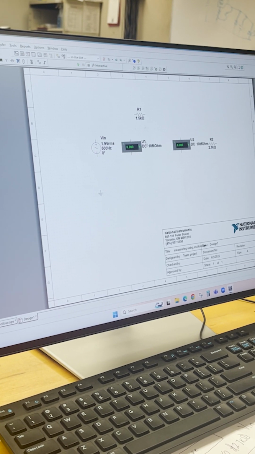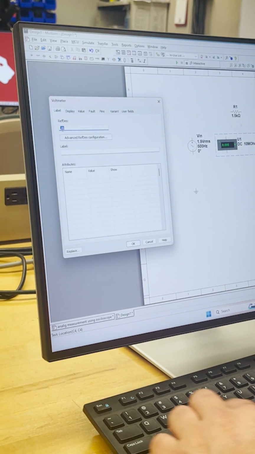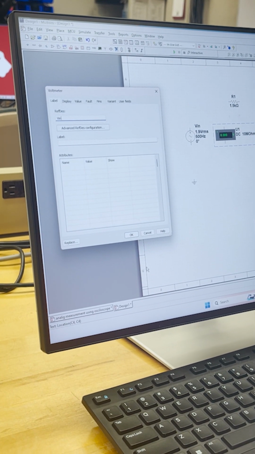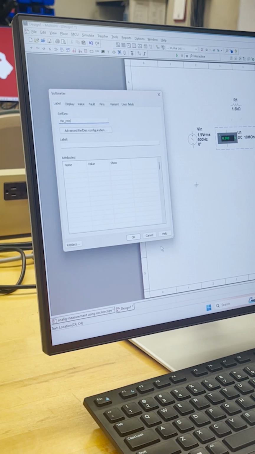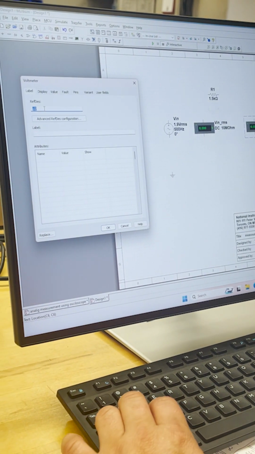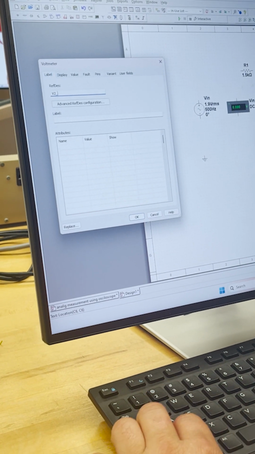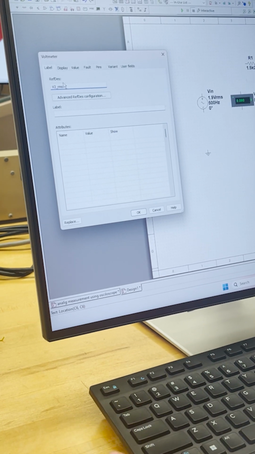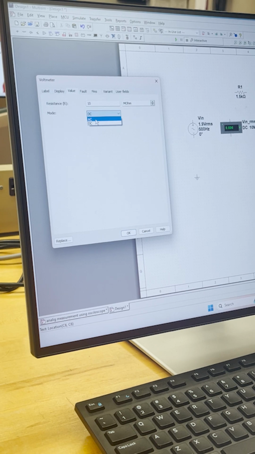I'm going to relabel them: voltage N RMS, and voltage 2 RMS, and they have to be changed to AC from DC.